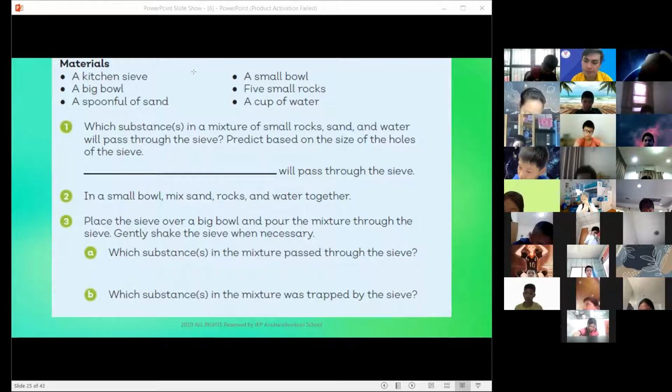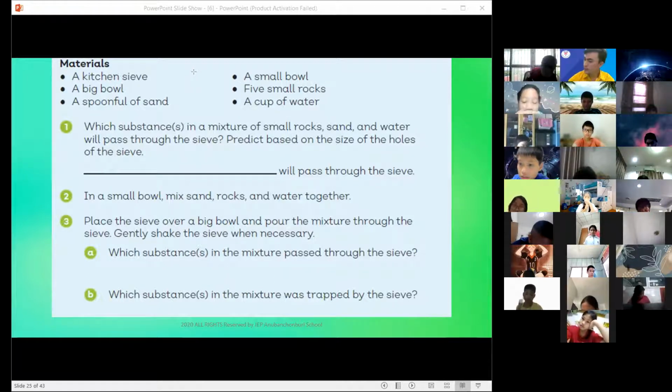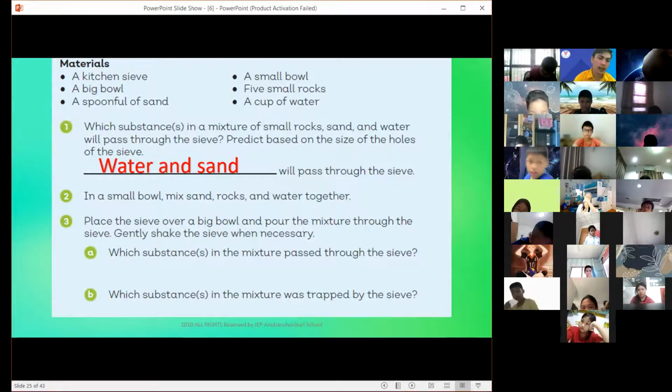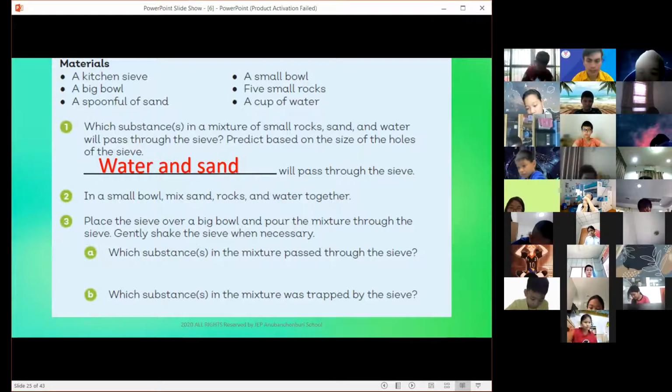Apiwit, go. Water. Water and only water? Sand. Perfect. So the sand and the water will pass through the sieve. That is the prediction of Apiwit, and that is also my prediction.